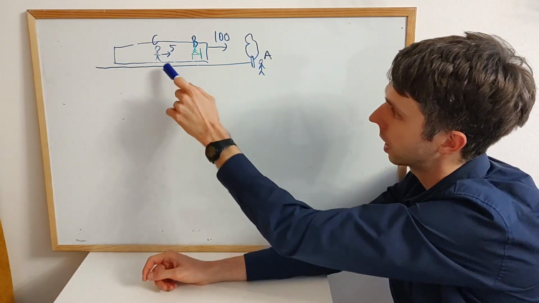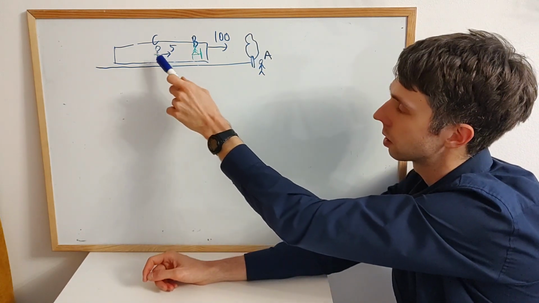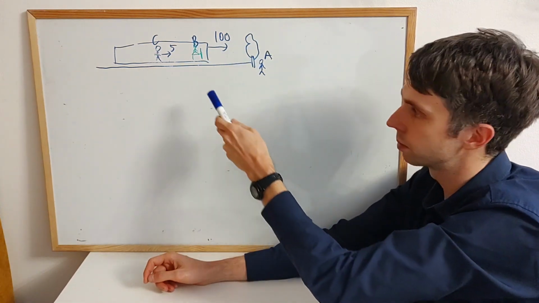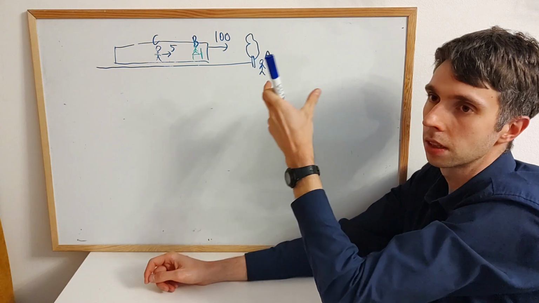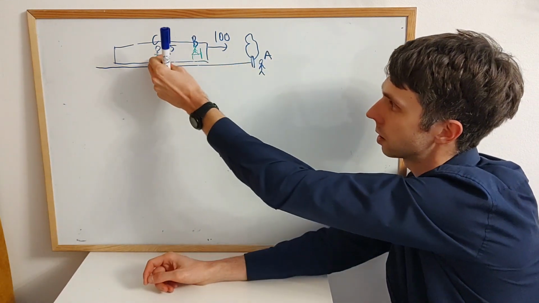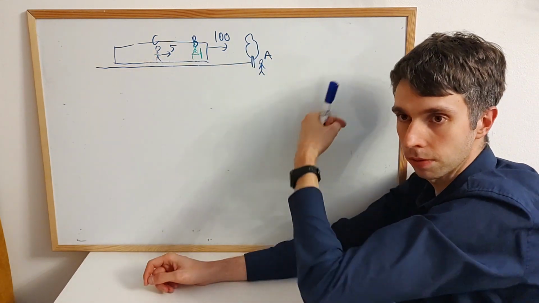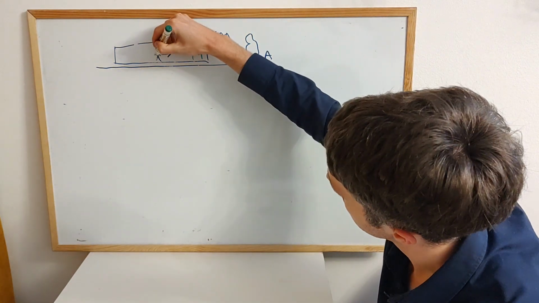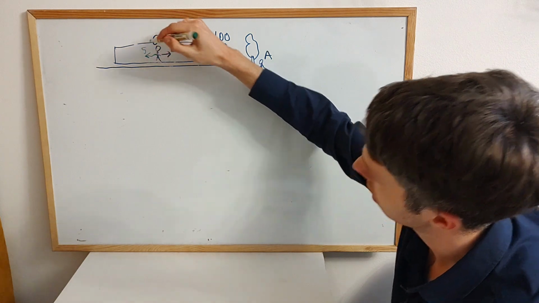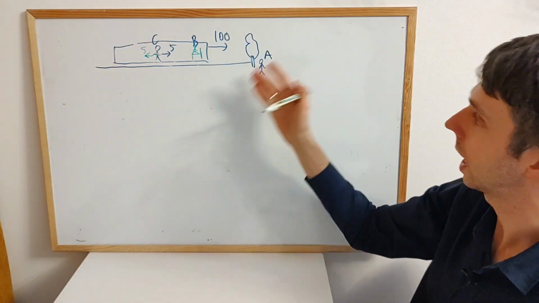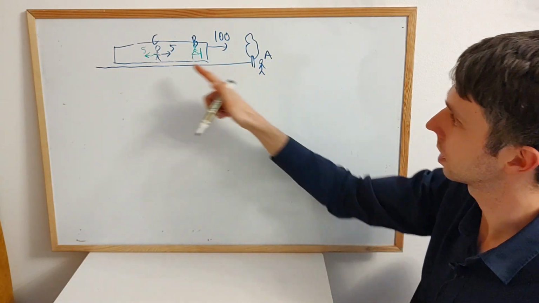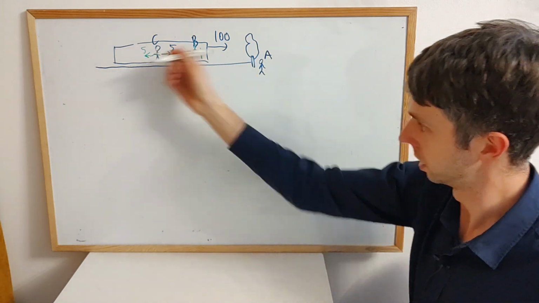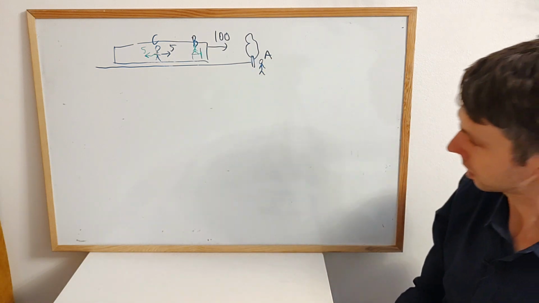And according to A, C is moving with speed 105 because the train is moving 100 and he is going with speed 5, okay? And if he was going in the opposite direction inside the train, at this time he will say that he is moving with speed 95 kilometers per hour towards him, okay?